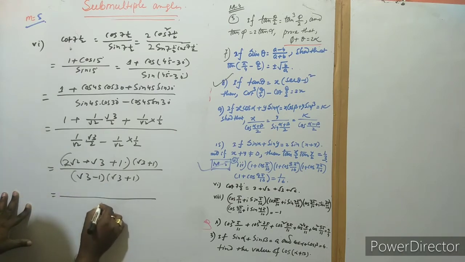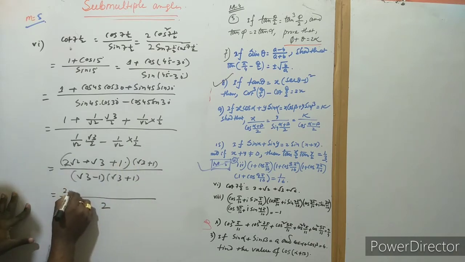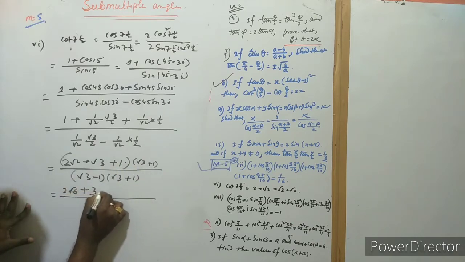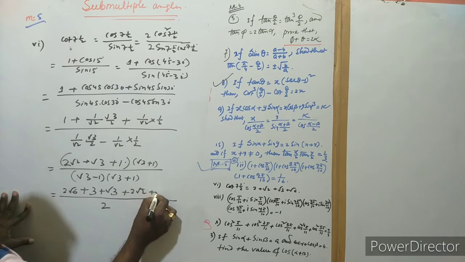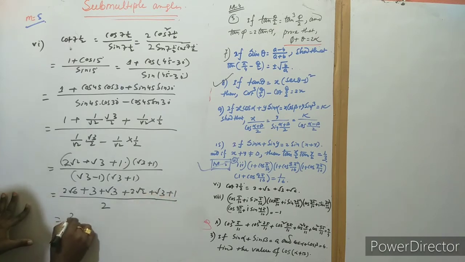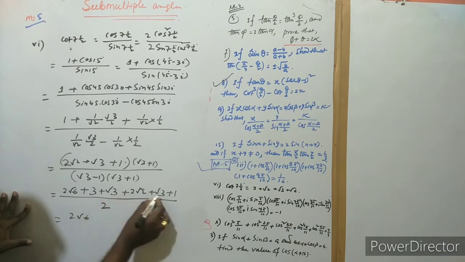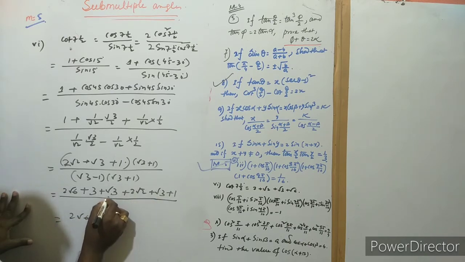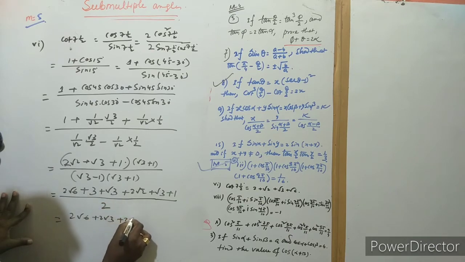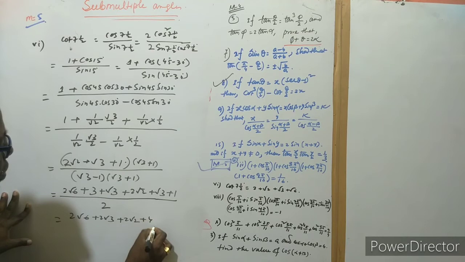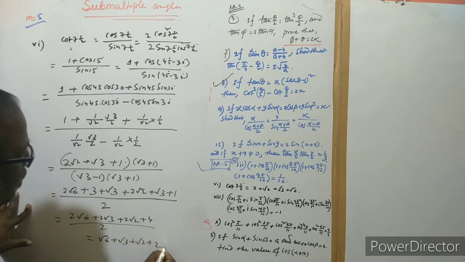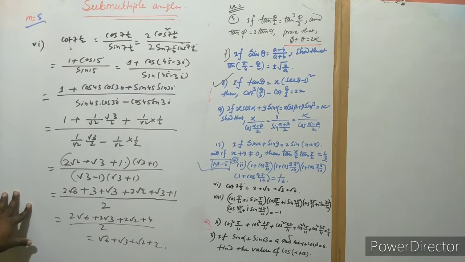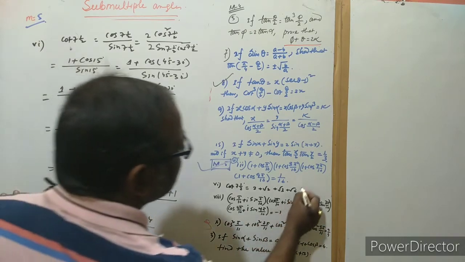Simplifying, we get 2 root 6, root 3 and 2 root 2, and dividing by 2 after taking the common factor 2, we get 2 plus root 2 plus root 3 plus root 6. See the solution here.